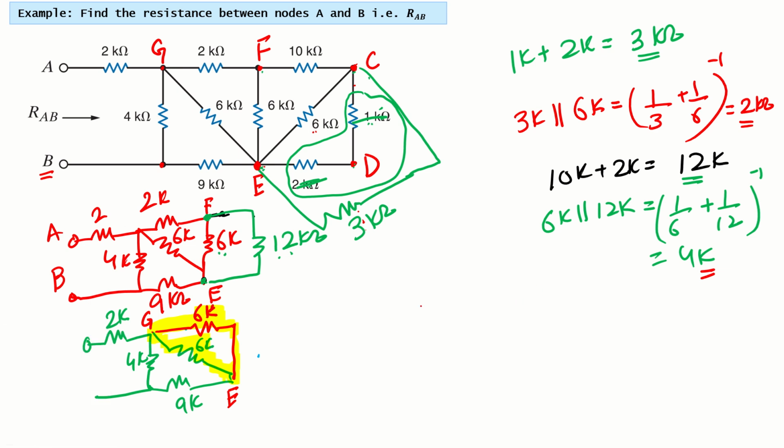What is 6K parallel with 6K? Again, 1 over 6 plus 1 over 6, inverse, that becomes 3K.